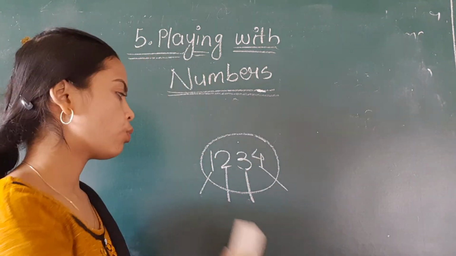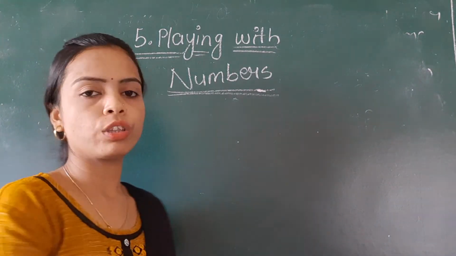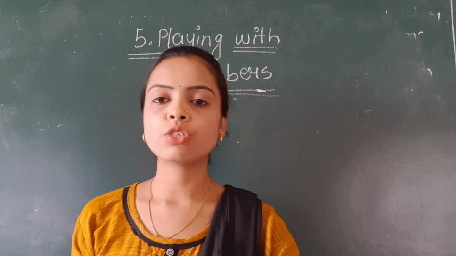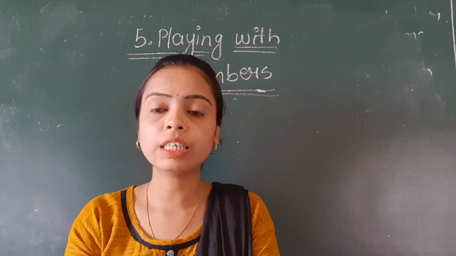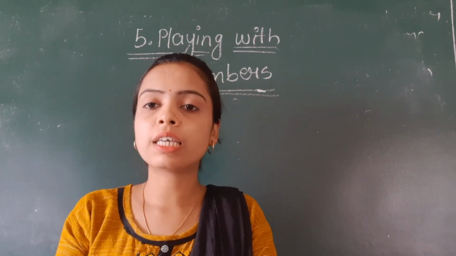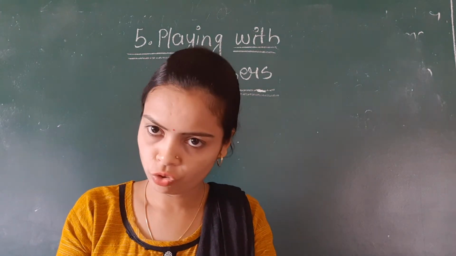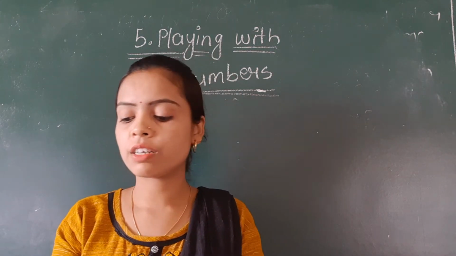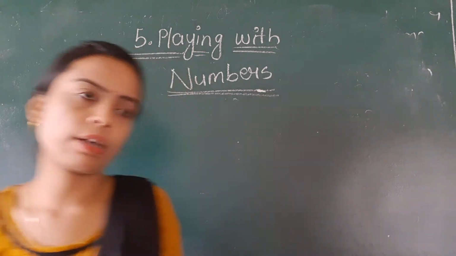So if you are adding the digits of a number and if you are getting the sum as a multiple of 3, then that number is divisible by 3.